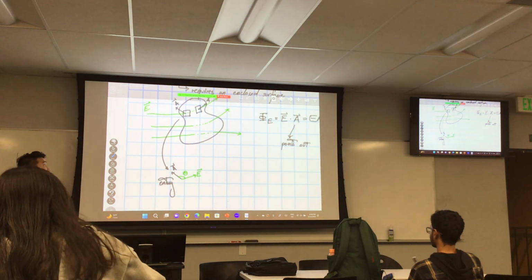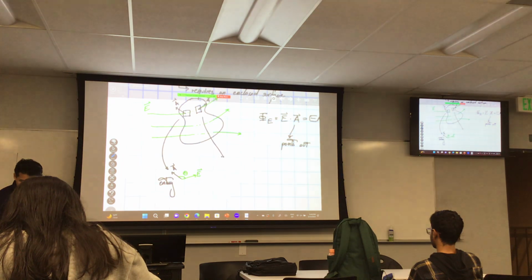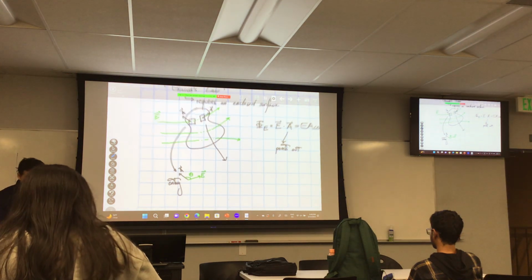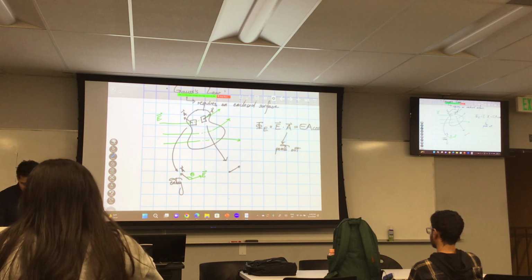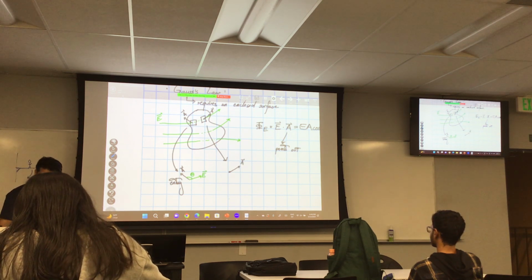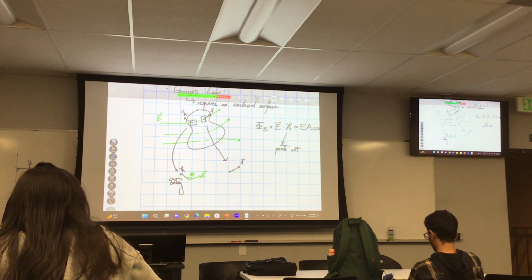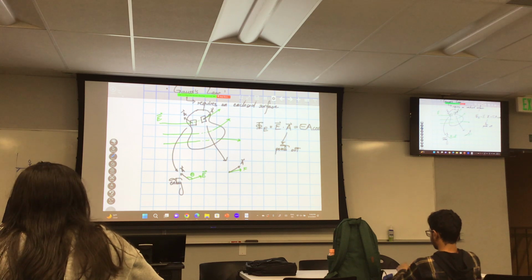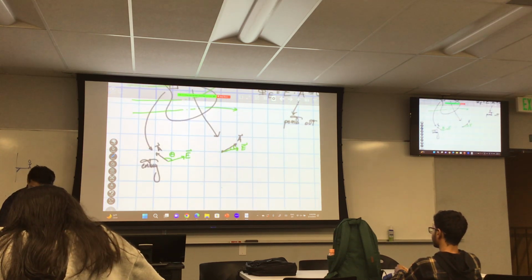So electric field line entering the volume or the closed surface. Here, our area vector is pointing roughly that direction. What about the electric field? It is roughly that direction. And this would be the angle theta, and this would be the exit.